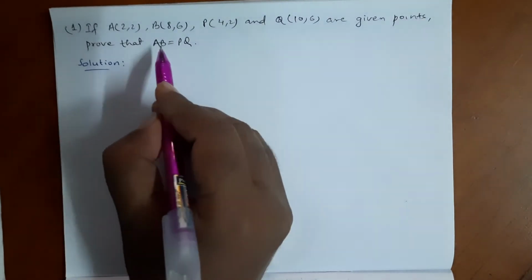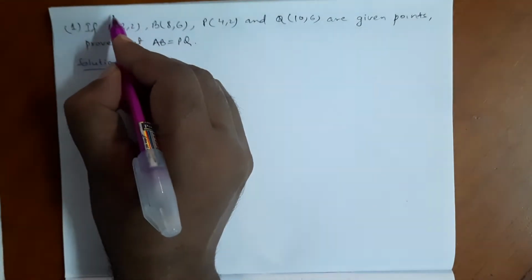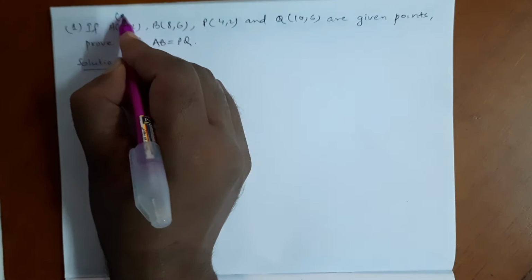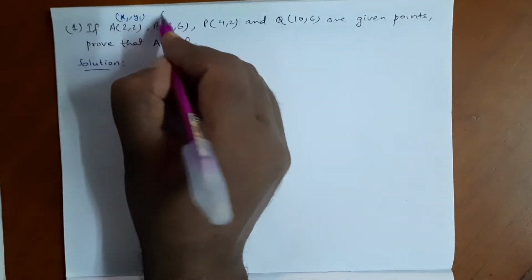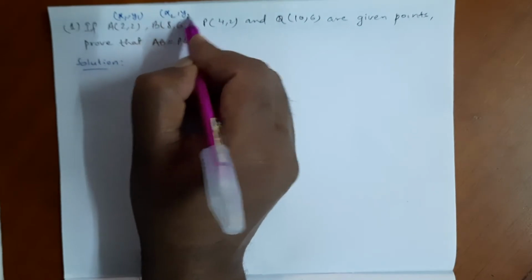So here, while finding AB, we can suppose A to be (x1, y1) and the coordinate of B to be (x2, y2).